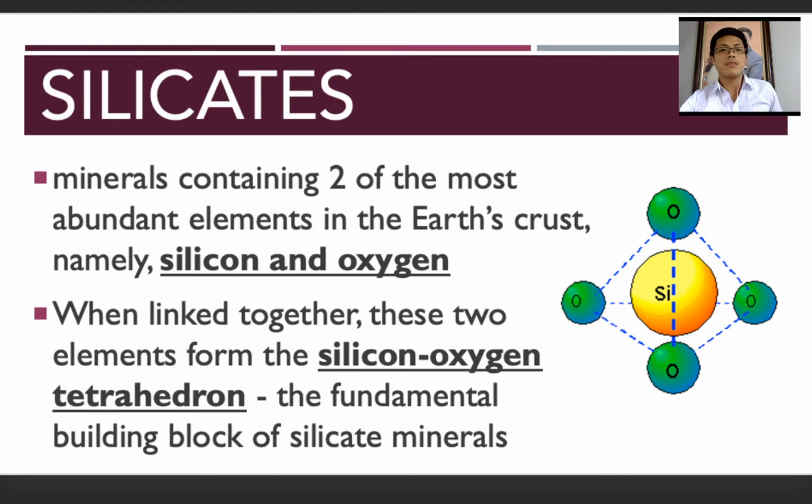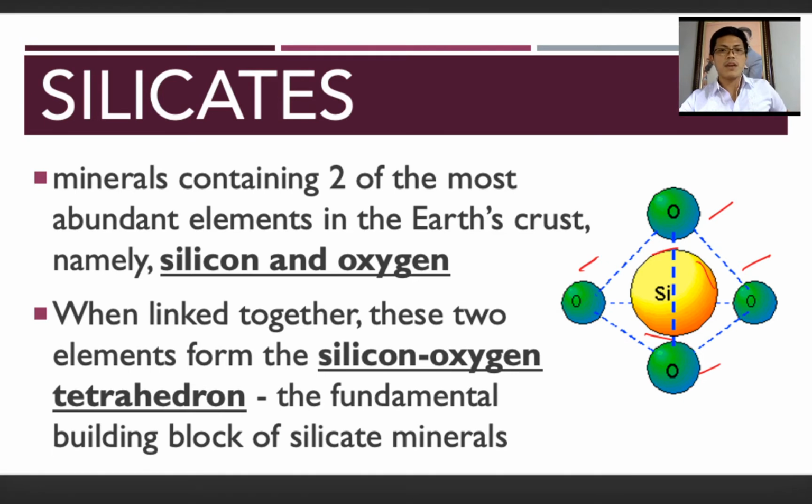In the middle we have the silicon, and then four oxygens forming a tetrahedron, meaning it has four faces: one, two, three, and four. That's a silicon-oxygen tetrahedron. From this arrangement, you can have different types of silicates.